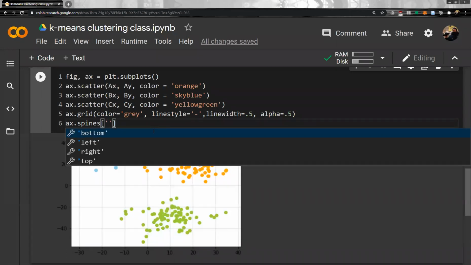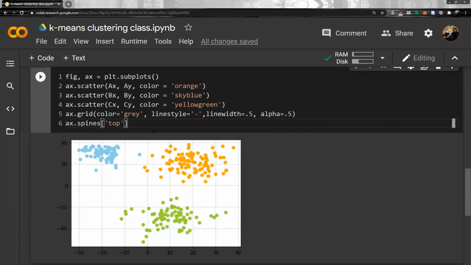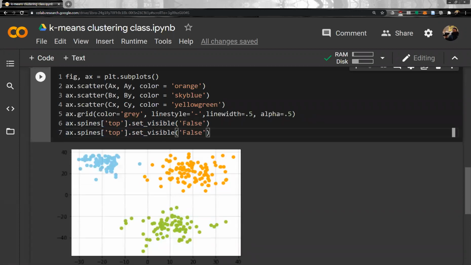You can reduce top, and then set visible, and then force, okay, and then right. Well, it doesn't change much, but anyway, so we have a graph.